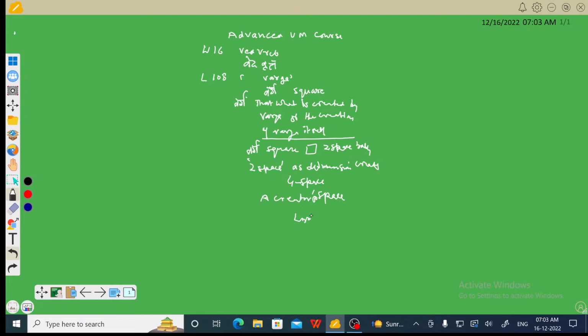In this background, two space and four space stand related as dimension and domain.